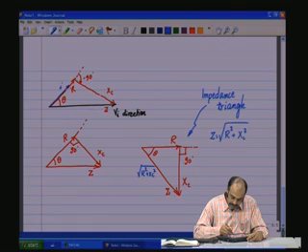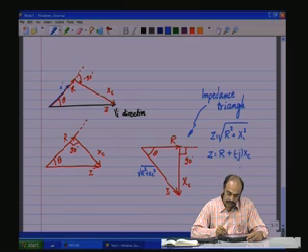As x c is orthogonal to r, we could also write in complex form z equals r plus, minus j into x c. Look at this minus j operator here.